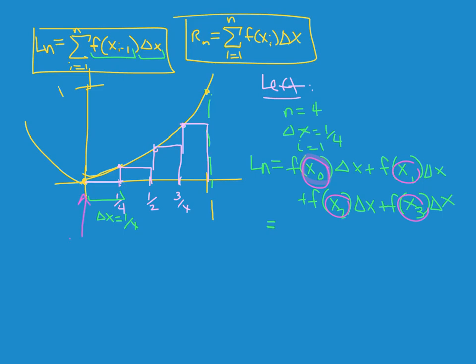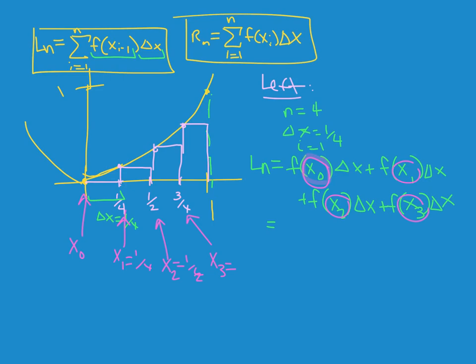So in this case, this is x of 0. This is x of 1, it's 1/4. This is x of 2, 1/2. This is x of 3. So we have all of our possible x values.